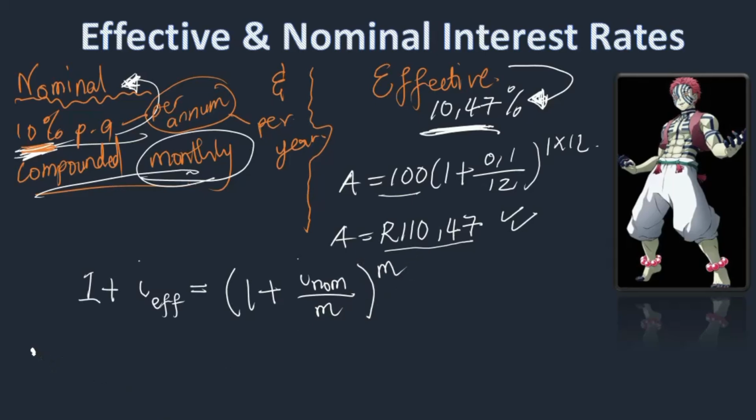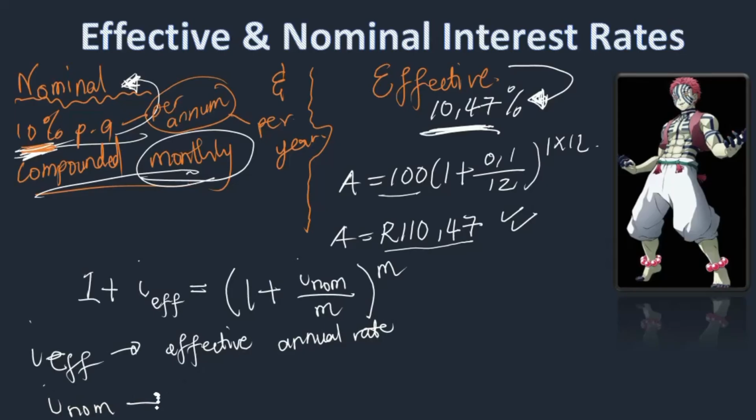Right? Now, what are the things here? Your i EFF represents the effective annual rate. Your i norm represents your nominal annual rate.